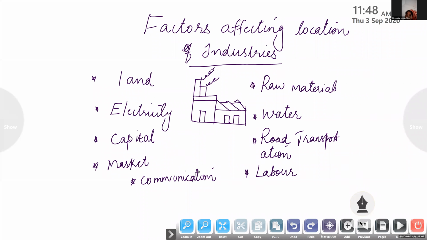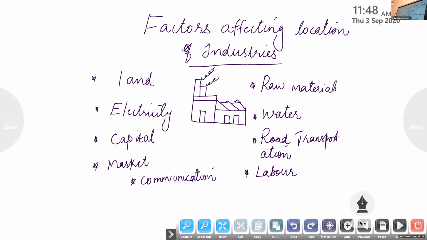Then market, communication, raw material, water, road transportation.